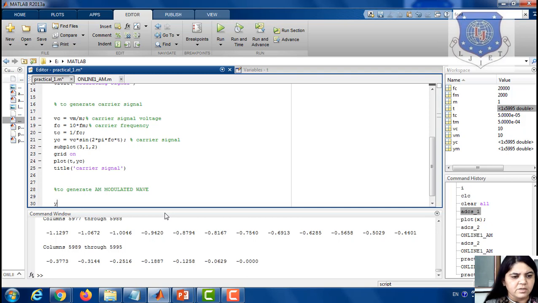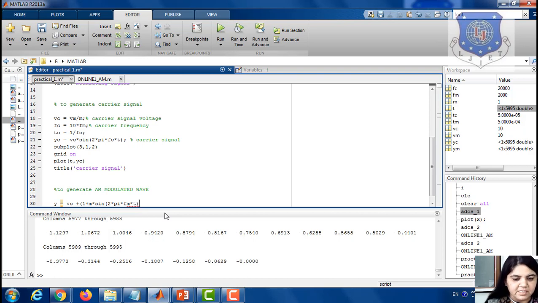I need to just write the final equation. Y is equal to, we write the equation, it is VC multiplied by 1 plus m multiplied by sine 2 into pi into FM into T.